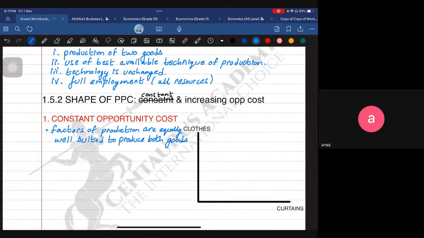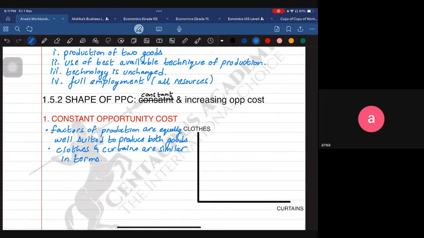So we have the example of clothes and curtains. Clothes and curtains are similar in terms of resources.